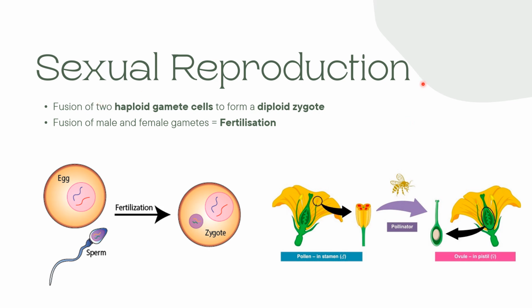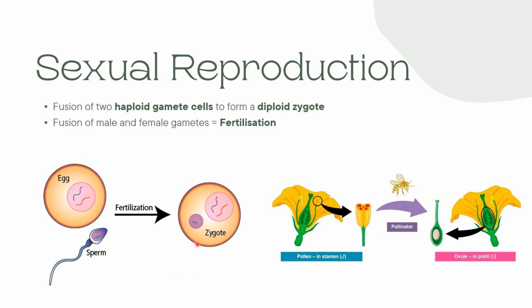What is sexual reproduction? Well, it is the fusion of two haploid gamete cells to form a diploid zygote. So this fusion of male and female gametes results in fertilization, whether that's in animals or in plants. So in animals, we have egg and sperm. These are haploid gametes, meaning they only contain one set of chromosomes.